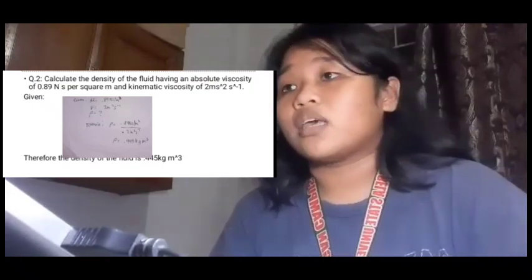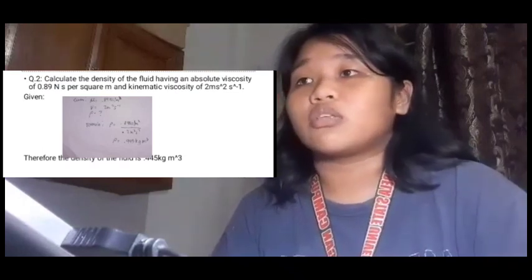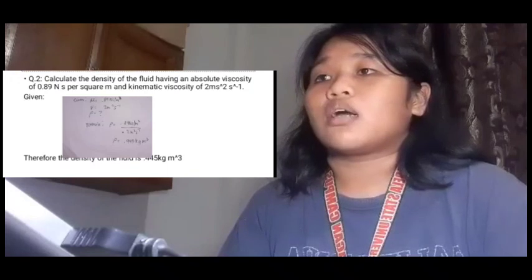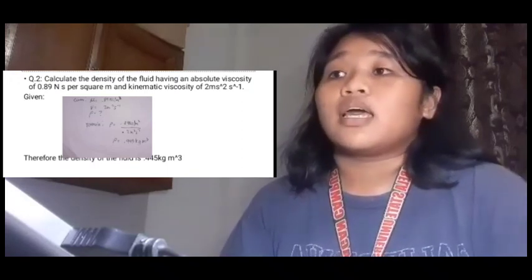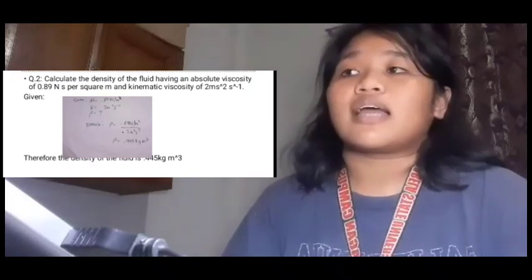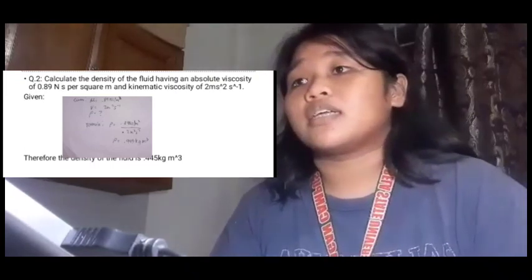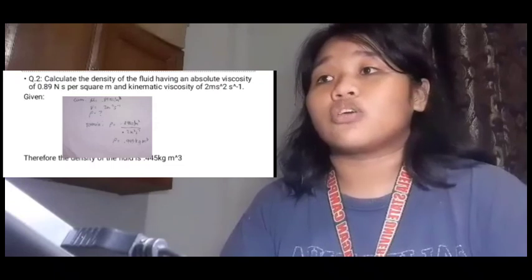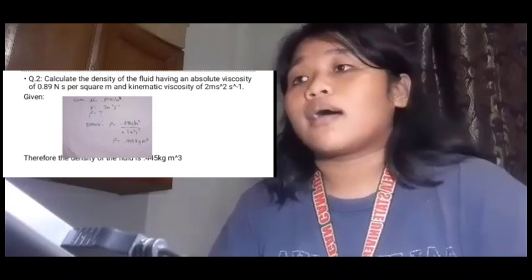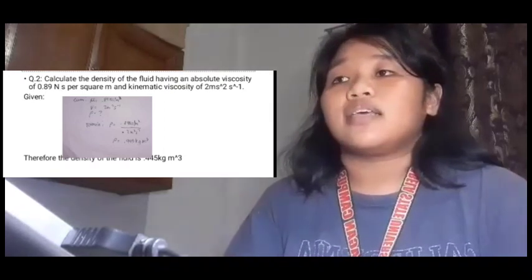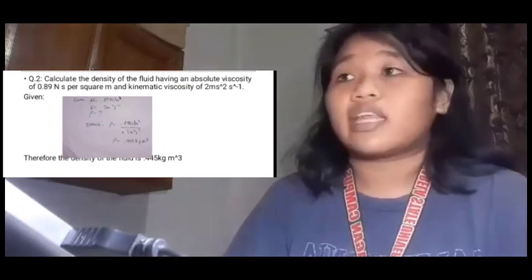So, ang given natin dito, absolute viscosity is equals to 0.89 Newton second per square meters. Tapos, ang viscosity natin is 2 meter square seconds raised to negative 1. So, yun yung given. So, ang missing natin dito is yung density. Sabi niya dito kasi is calculate the density.